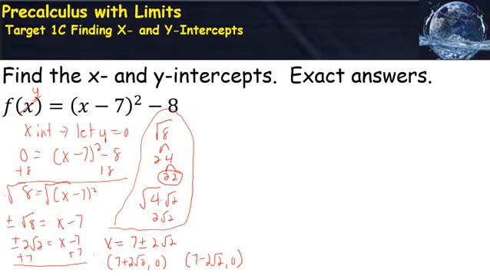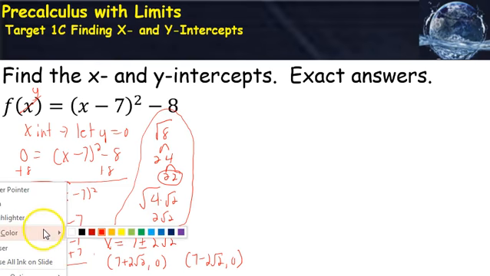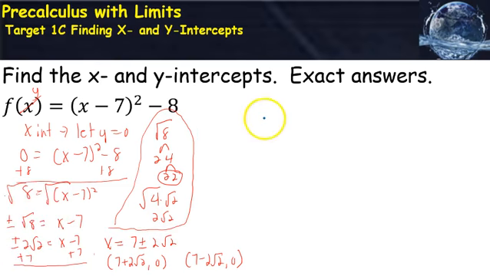All right, let's find the y-intercept. To find the y-intercept, I'm going to let x equal 0, and I'm going to find y. So I have y equals (x minus 7) squared minus 8, but I'm going to replace x with 0.